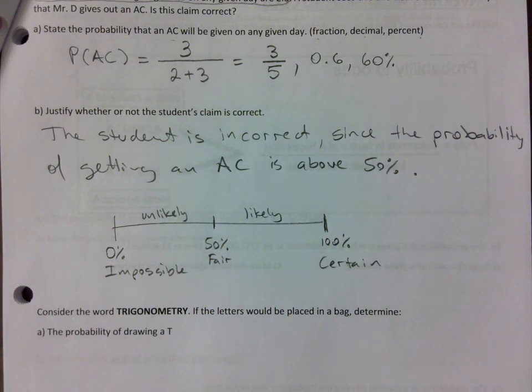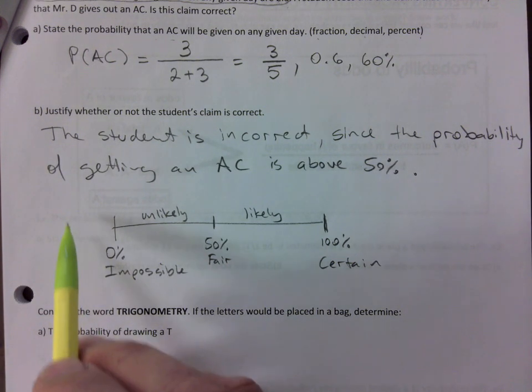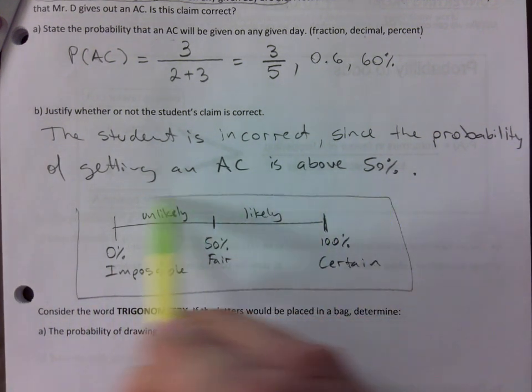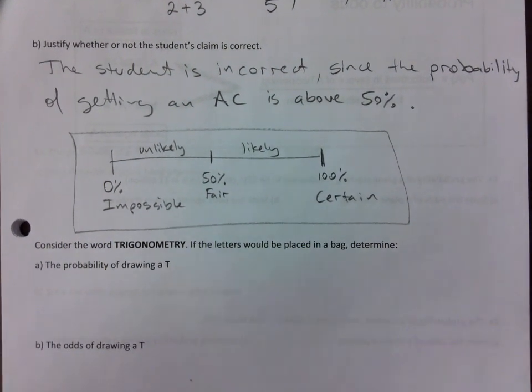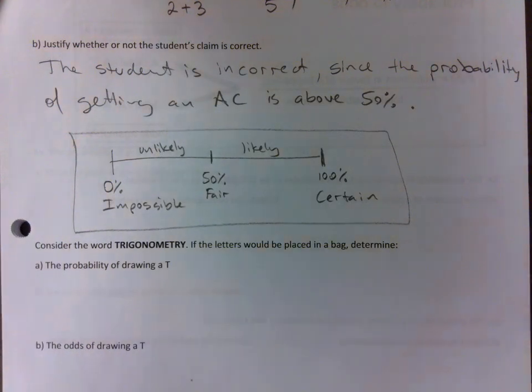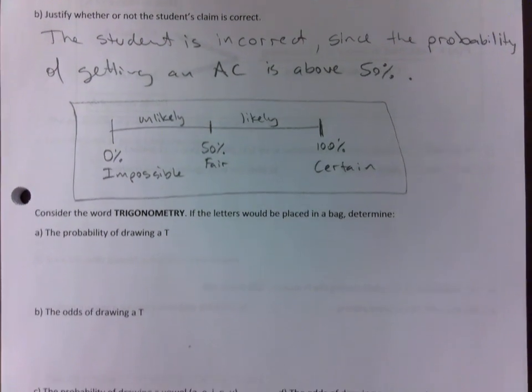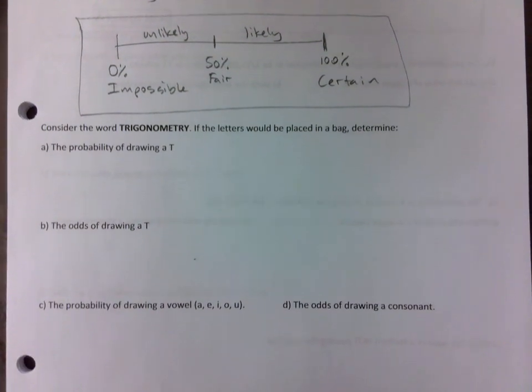So that's kind of how it works. So this is just for your information. I think everybody would see that, be like, yep, I get it. It's more than 50%, so it's actually more likely to get an AC than not.